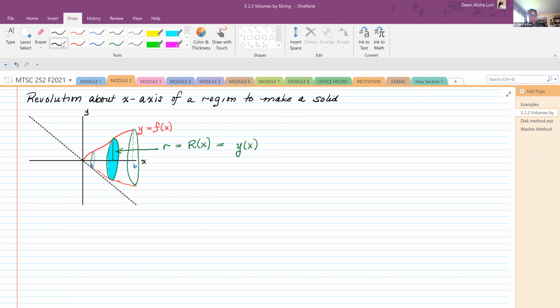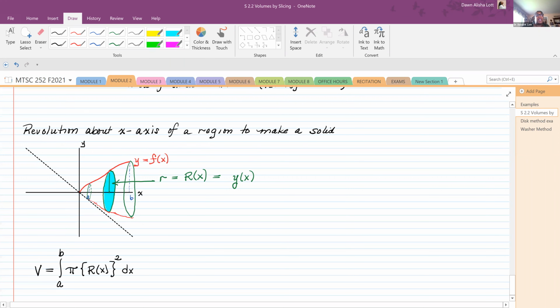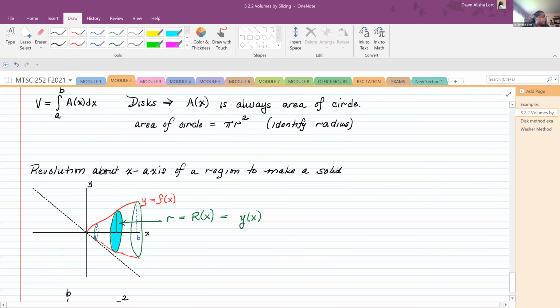So my formula is the volume is the integral from a to b of pi times the radius of x squared dx. And as I said up here, we have to identify the radius.